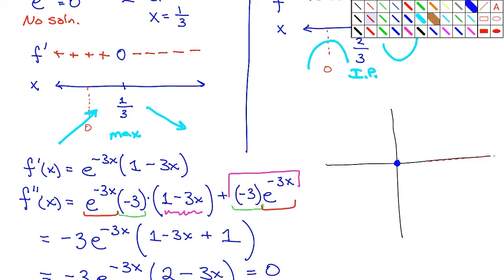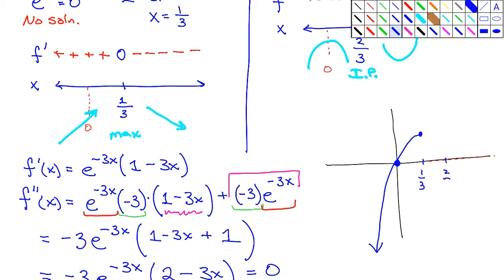So we'll draw that in. And now here we go. So it starts down at negative infinity. Between negative infinity and 1/3, it is increasing and concave down. And then it reaches a maximum at 1/3.